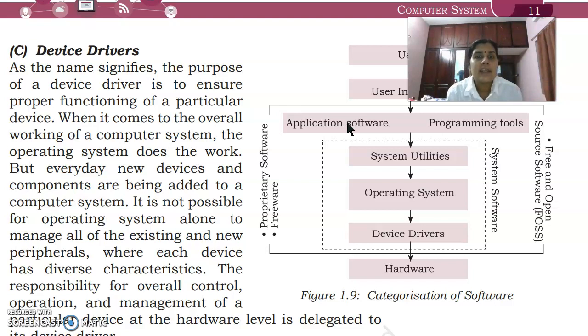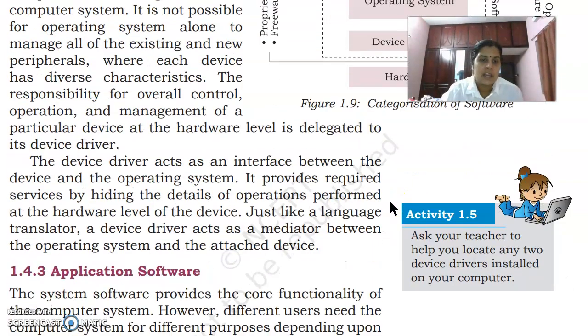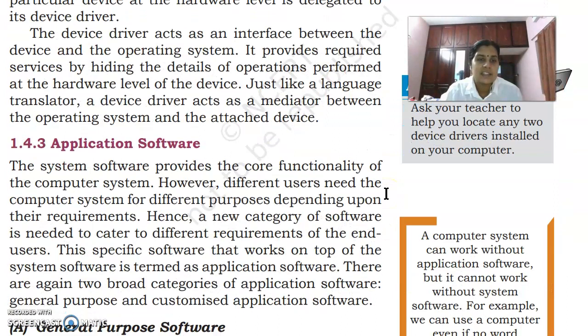So if you want a particular device to work, that device's driver must be there. Some device drivers are automatically installed and some we have to install. For the overall working of new devices and components, device driver software is needed.